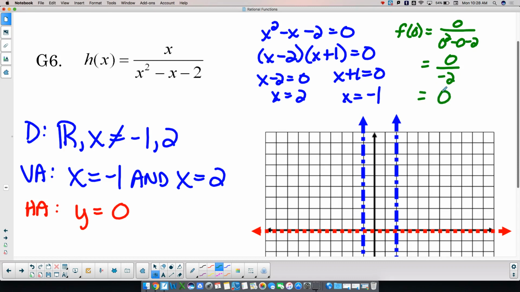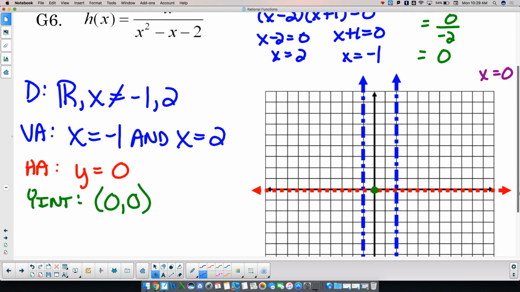I get a y-intercept of the origin. I get an x-intercept of the origin. Agree so far? Okay.